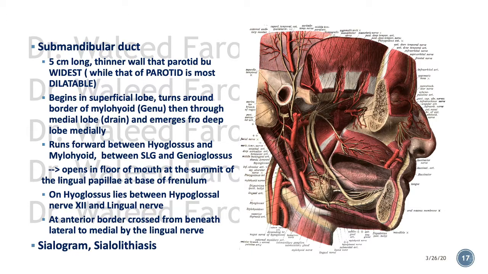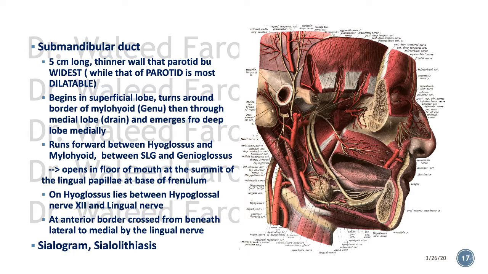There is a technique to X-ray the glands. We inject a dye in the duct through its ostium, through its opening, and wait for a while, and then take an X-ray picture. This is called a sialogram. If you want to view the duct system of a gland, this is called a sialogram. Sialolithiasis, we mentioned it before, is stone formation.